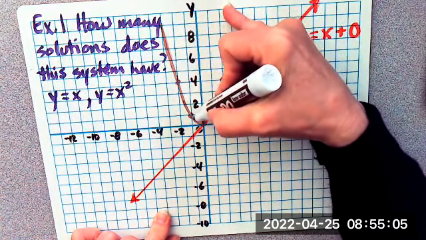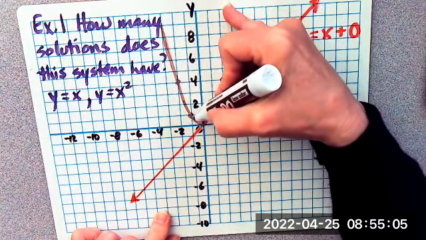All right, so let's go on and look at how many solutions this has. When we do this, we probably want to set it up as y equals x squared plus 1 and y equals x plus 3.